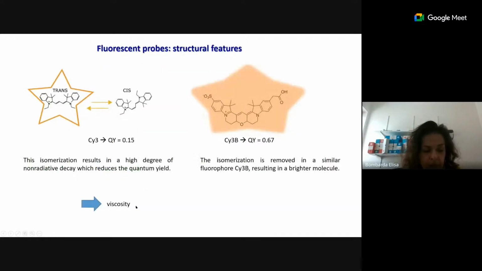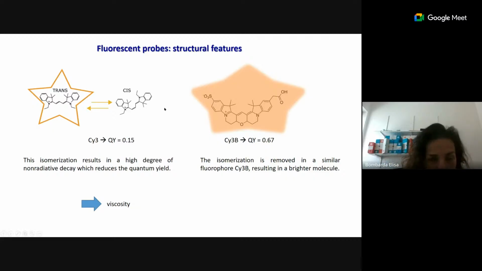Okay, then just the few minutes that are lacking, just to see also another way in which we can change fluorescence in fluorescent probes, and how these mechanisms are practically telling us what this probe is useful for.